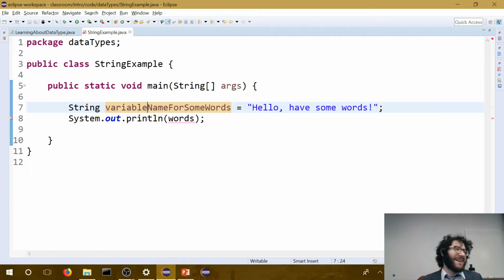Why is it called camel case? Well, because it's got humps in it. It's a really bad joke. Okay. Just like camels have humps, the capital letters here are treated as humps.